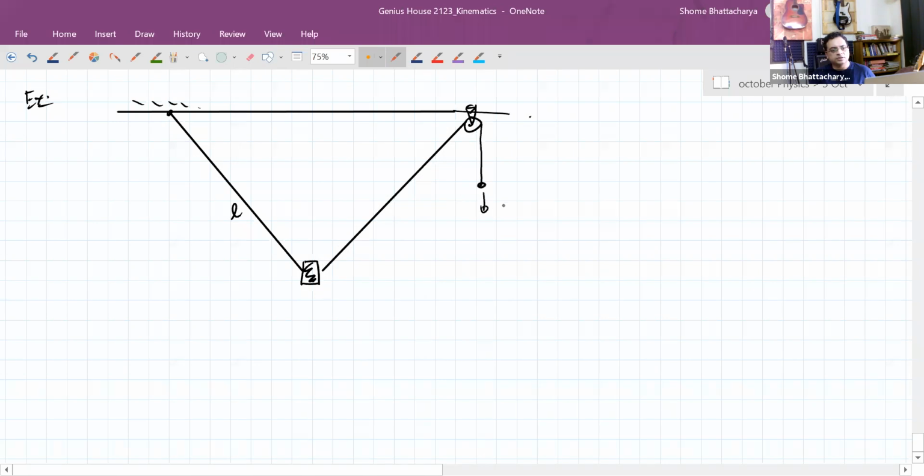This we are pulling at a speed v. So at some instant of time, when this angle is alpha and this angle is beta, realize that this has some velocity. I will not give you the hint of the direction. So find the velocity in terms of alpha, beta, and v.